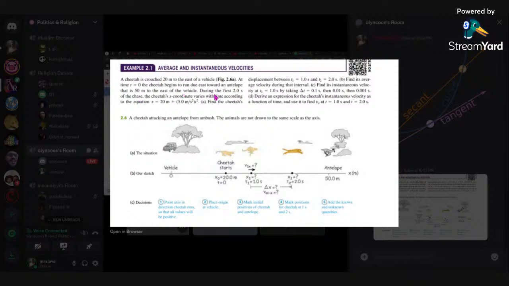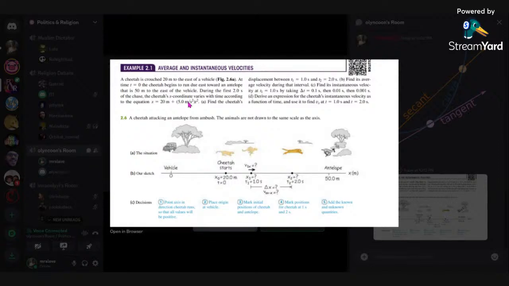During the first 2 seconds of the chase, the cheetah's x coordinate varies with time according to the equation x equals 20 meters plus, with x as a function of the acceleration, 5 meters per second squared. That's the acceleration. But I think it's not correct.